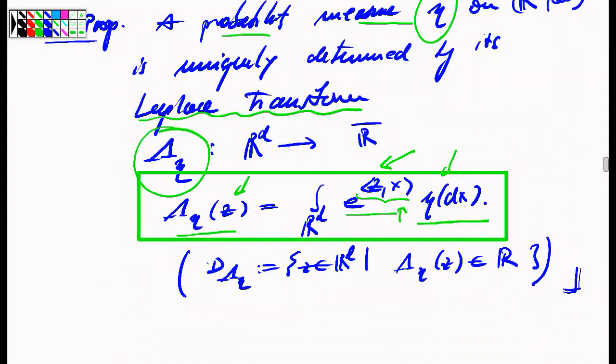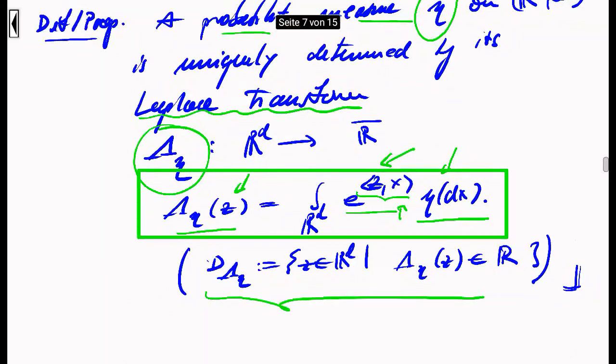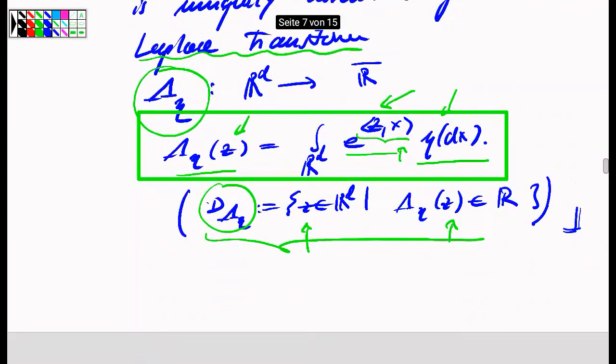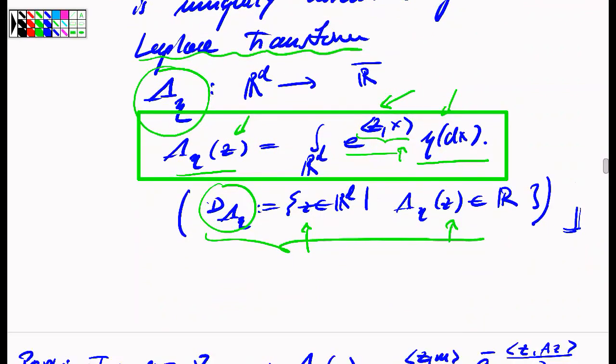Since I might encounter values z when the Laplace transform is not finite, we sometimes distinguish those positions z which actually lead to a finite value, and the collection of such points will be called the domain of the Laplace transform, and all others produce an output plus or minus infinity.